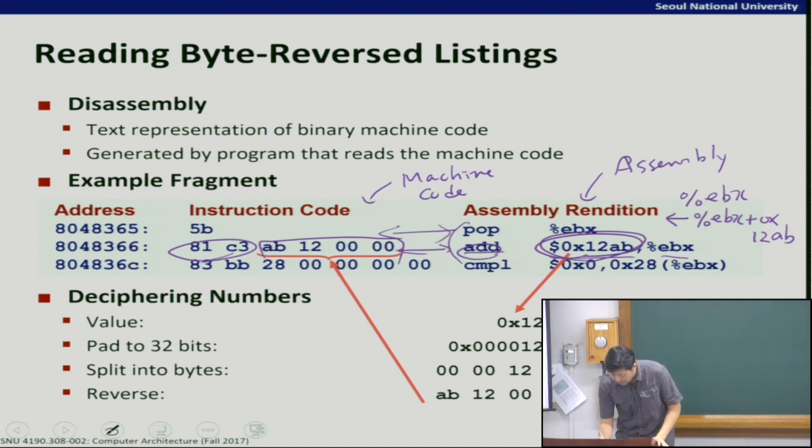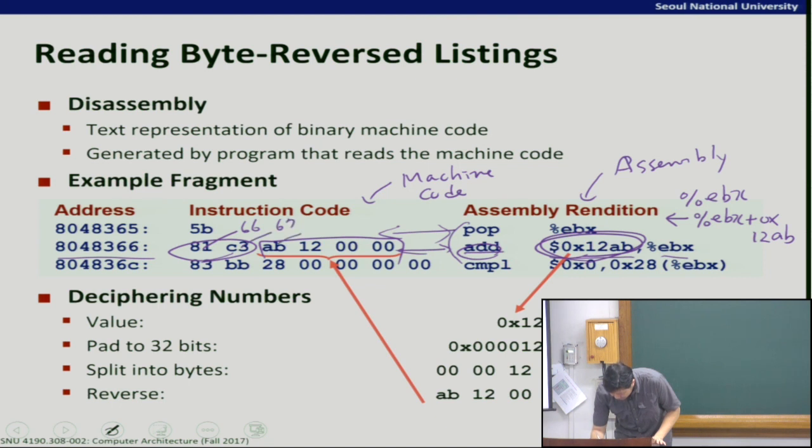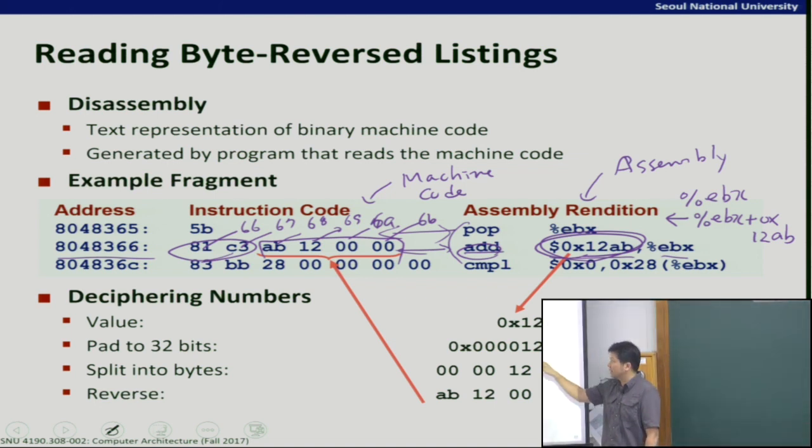So if you see, this instruction starts at address 8048366, and it's 6 bytes that will be placed here.